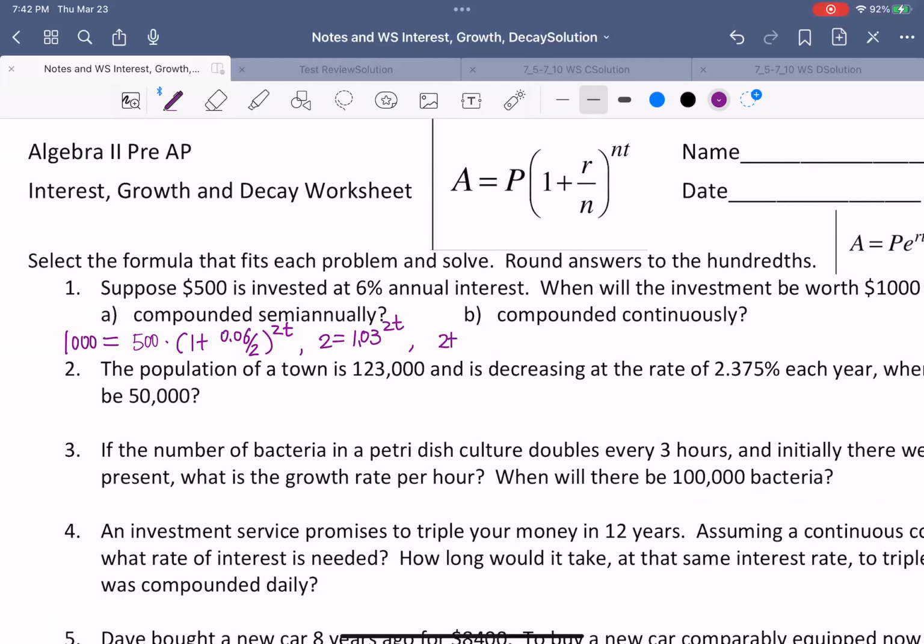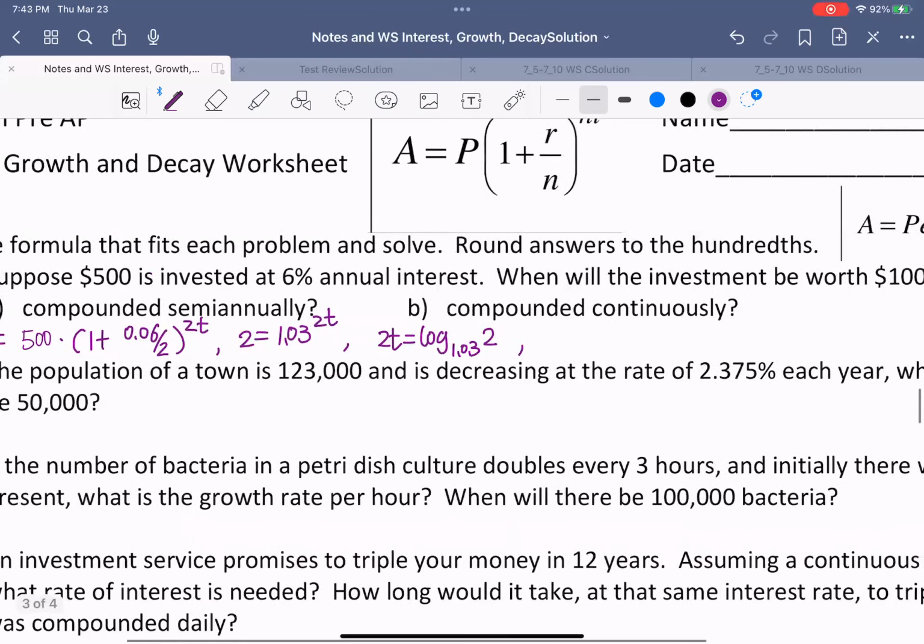This 2t is log base 1.03 of 2, right? Yes. And then divide by 2. Some people say, oh yeah, divide by 2 here, 2 over 2 is 1. No. Do this first and then divide by 2. That is the t. Correct?